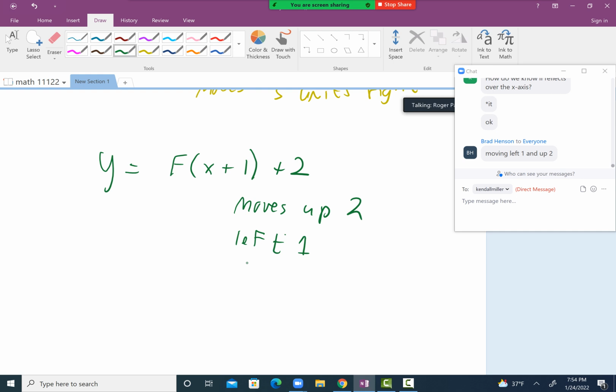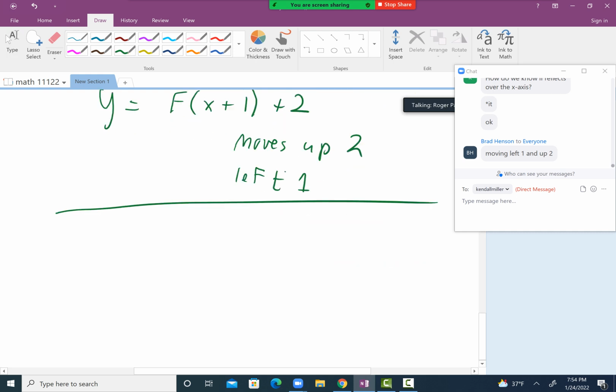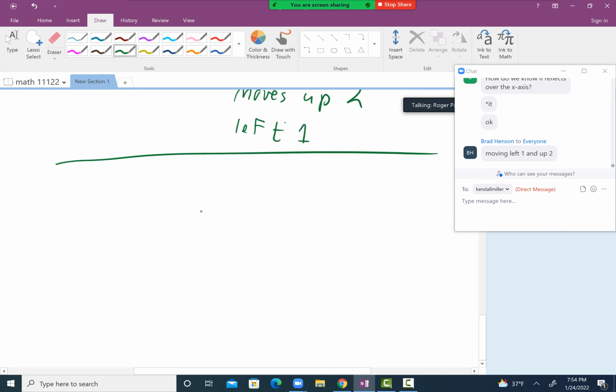Let's go the other way. So what do I mean by that? Let's say that we have a function f of x. And now what we want to do is write the function with the following transformations.